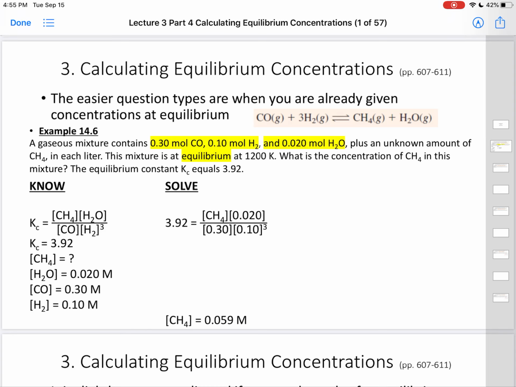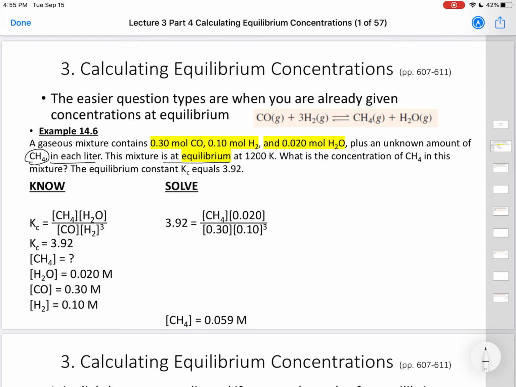So if you read the problem, it says a gaseous mixture contains 0.30 moles of CO, 0.1 mole of H2, and 0.20 moles of H2O. It says there is an unknown amount of CH4 in each liter, and that this mixture is at equilibrium.